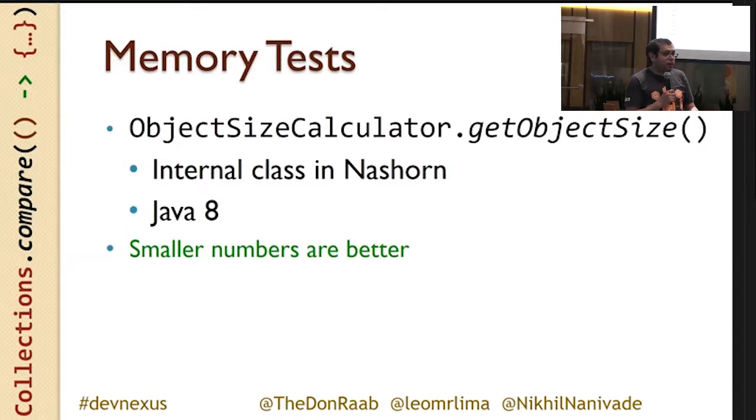We are comparing Java 8, because as a part of Java 9, this ObjectSizeCalculator class was made internal, and so it's no longer available as a public API. It's a part of Nashorn as well, so that's why we're sticking to Java 8. Eventually, now with Java 10 out, we will move from Java 8 to 9 in this presentation. In memory tests, contrary to JMH tests, smaller numbers are better, because you want as small a footprint as possible.